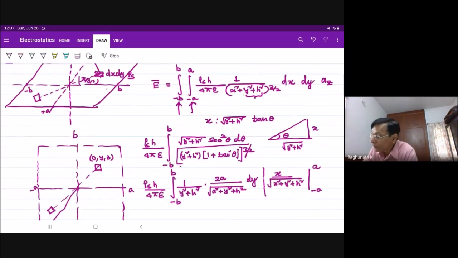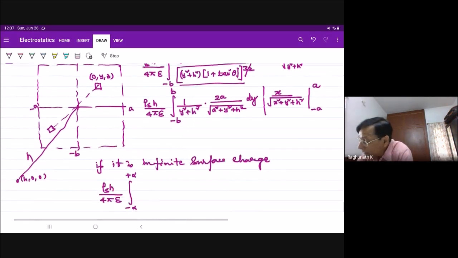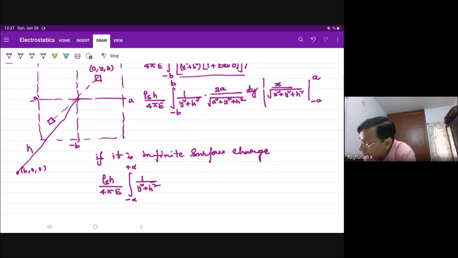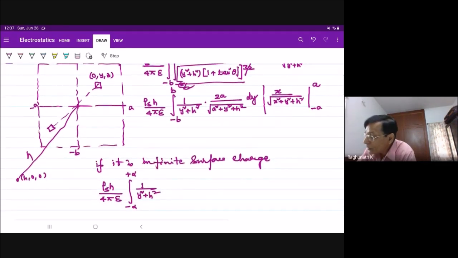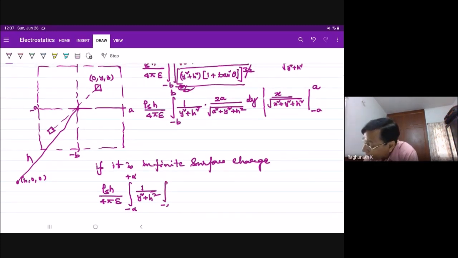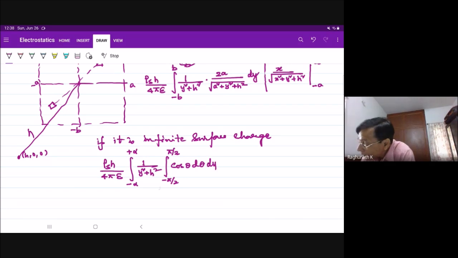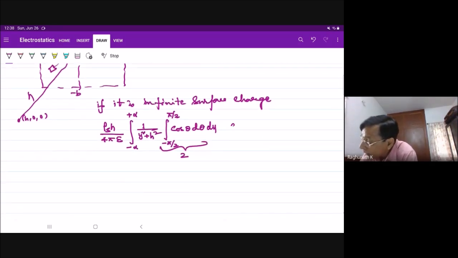I'm looking at this integral only: 1 by y square plus h square, and in the limit of theta, it would have been minus pi by 2 to plus pi by 2, cos theta d theta, which is equal to 2. This is dy.